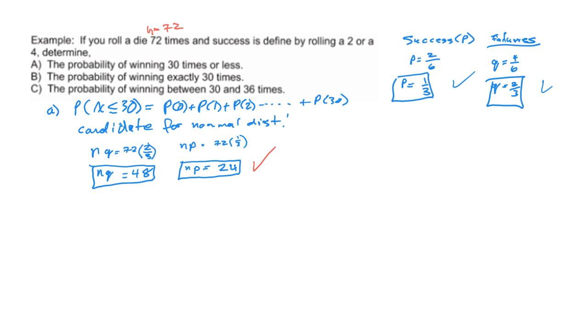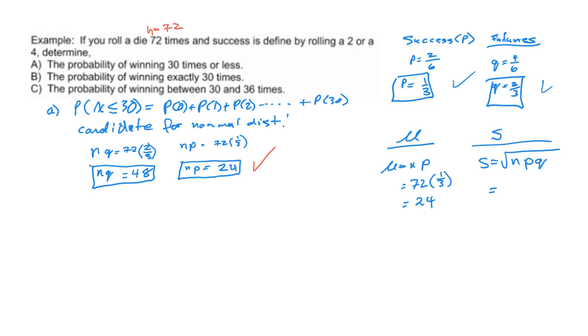Now, in order to find the mu of our normal distribution, we literally have to say mu is equal to np. So n is 72, and we're going to multiply that by 1/3, which is 24. And then we also have to calculate the standard deviation. The standard deviation is always going to be s is equal to the square root of n times p times q.